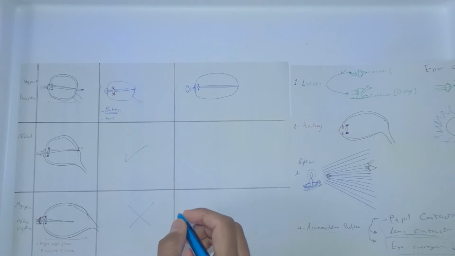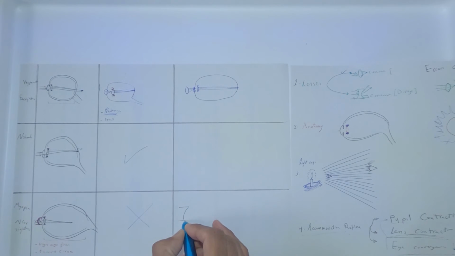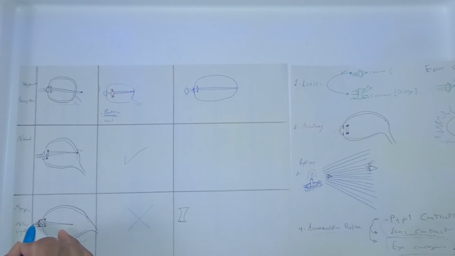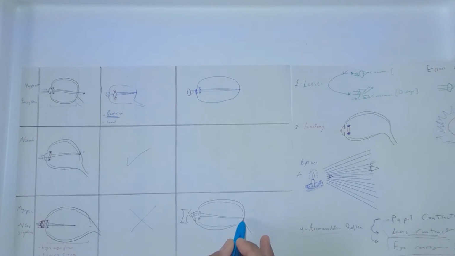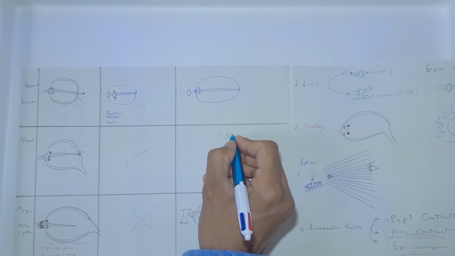While in this patient, if you put the other type of lens, the concave lens, it would diverge the light, and that would give the lens an opportunity to focus the light onto the retina. So the first thing that we said would be glasses.